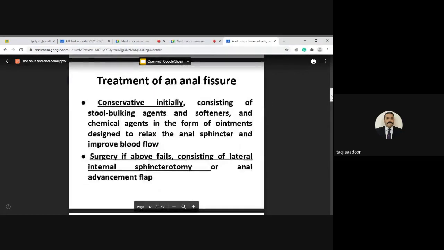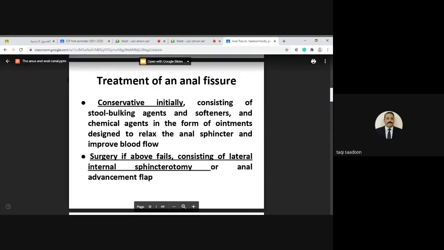Treatment of the anal fissure, to start with conservative initially, consisting of soft stool, bulking agent and softener. Okay. وممكن we can use أيضاً ointment designed to relax the anal sphincter and improve blood flow. If this is failed and it is a chronic fissure, the anal fissure may need surgery. We call it lateral internal sphincterotomy.